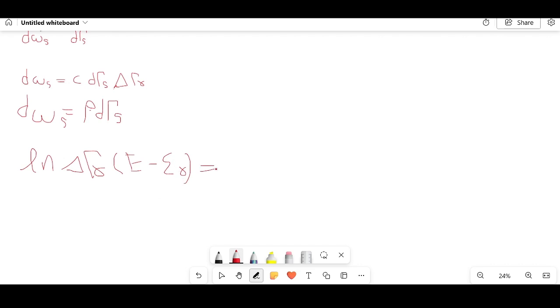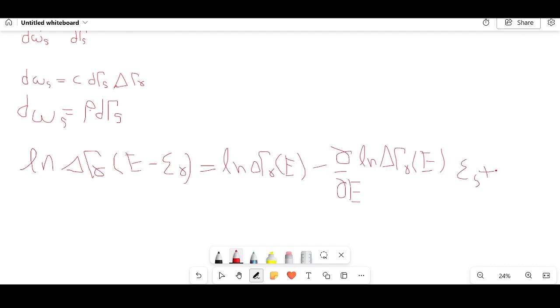If we expand it in Taylor series, we have up to second order, and so on.